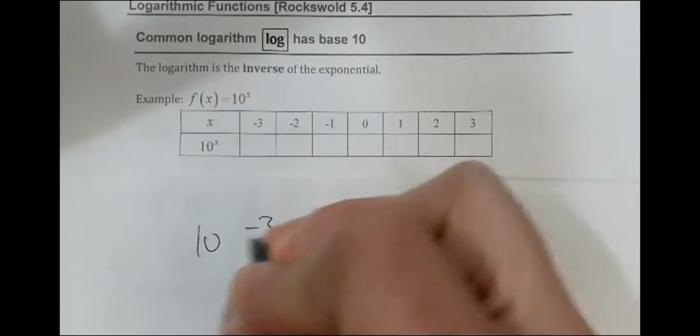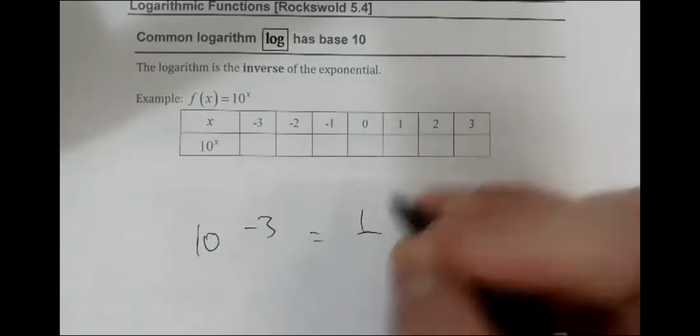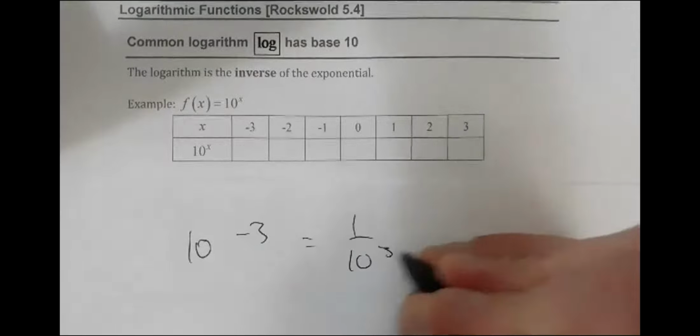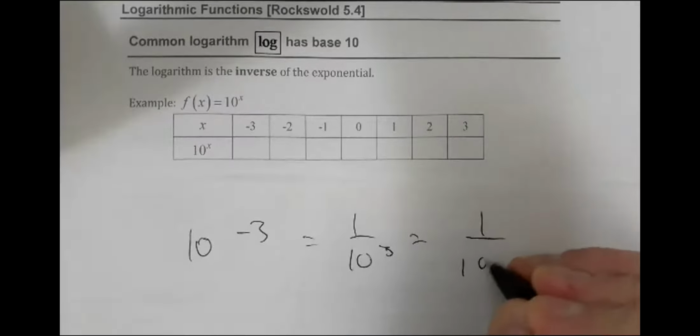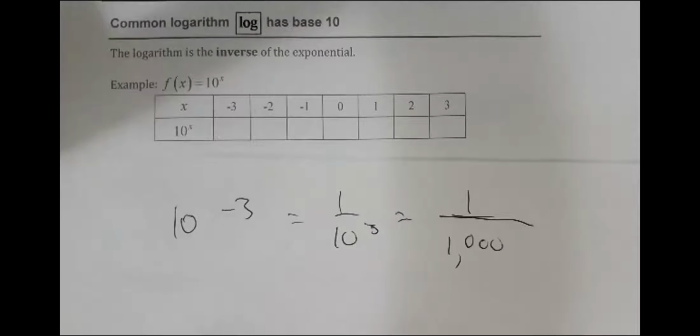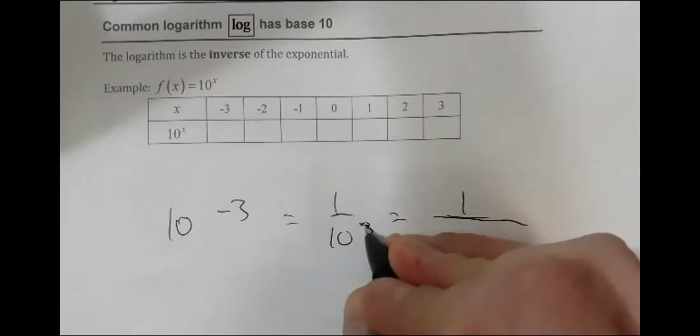If we do 10 to the minus third, that's the same thing as 1 over 10 to the positive third. It's the same thing as 1 over 3 zeros, or 1 over 1,000.